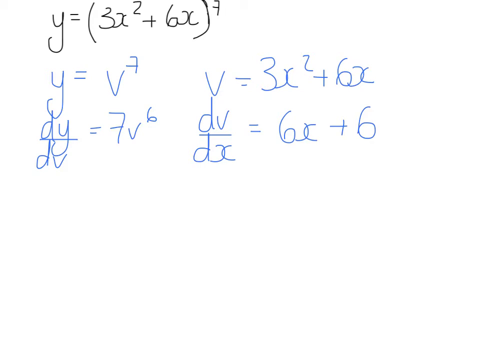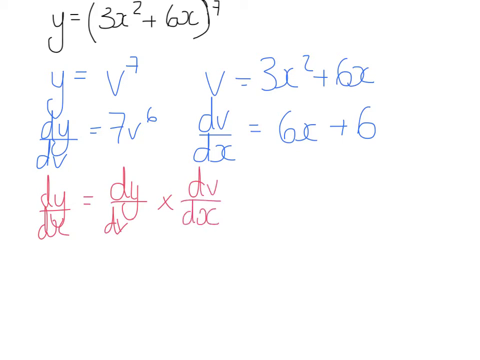Now we know from the previous slide that dy by dx is dy by dv multiplied by dv by dx. So dy by dv we know is 7v to the 6, and we're multiplying this by 6x plus 6, which is our dv by dx.